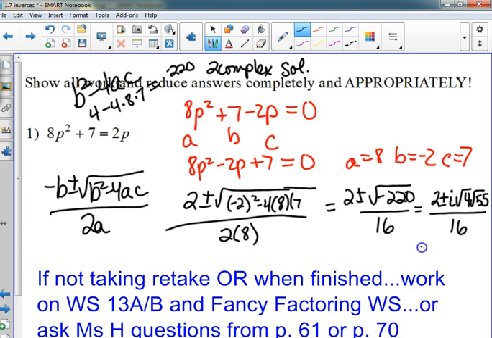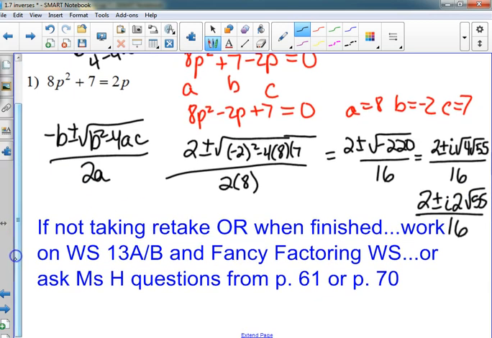Now I have 2 plus or minus i, square root of 4 is 2, square root of 55 over 16. What do we need to do? Is that the answer? I can just do this and get an 8, right? So then I have plus or minus 2i square root of 55 over 8.